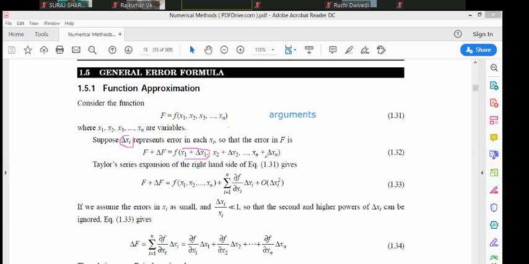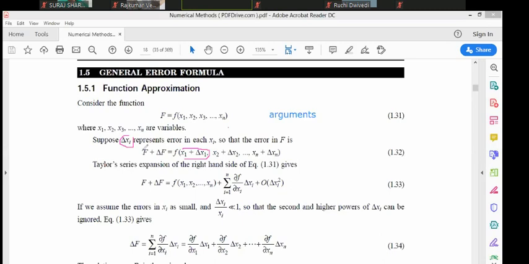The Taylor series expansion of the right hand side of equation 1.31 gives, rather you can say, the Taylor expansion of f plus delta f. This expression is important. Equation 1.32 gives it. We take the help of the Taylor expansion of any function, but now the function has become like this.